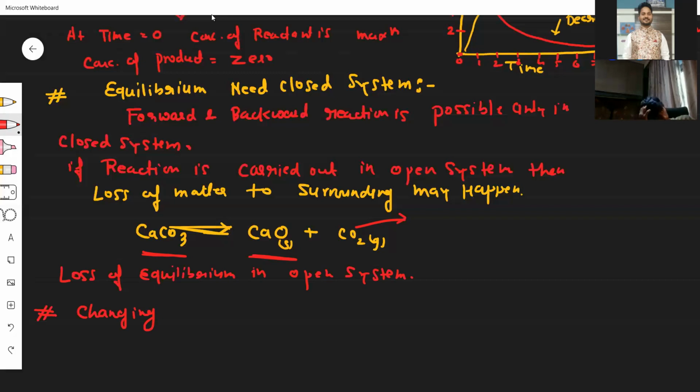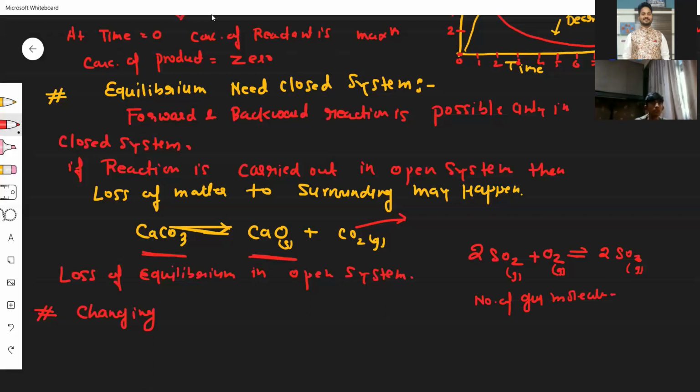Take any particular reaction, like two molecules of SO2 plus one molecule of oxygen giving two molecules of SO3. This is gas, this is also gas, and this is also gas. Now the number of gas molecules, how much here?